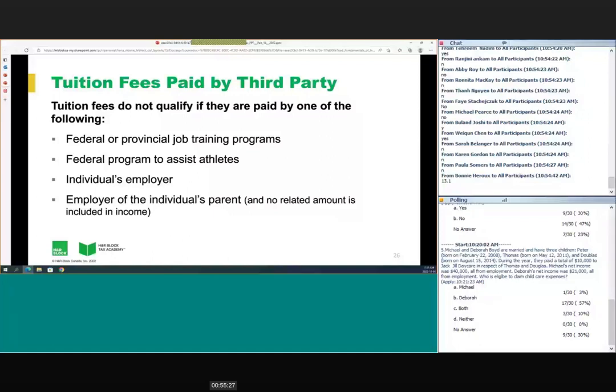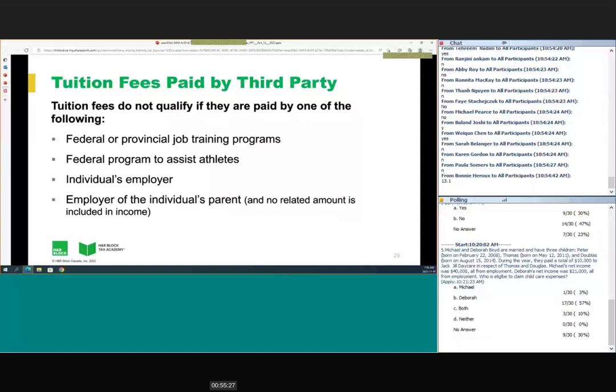So, tuition fees paid by a third party. Tuition fees do not qualify if they are paid by the following: a federal or provincial job training program. Basically, they're saying you can't claim, even if you got a T2202, if a third party paid for it. You can't take the credit.